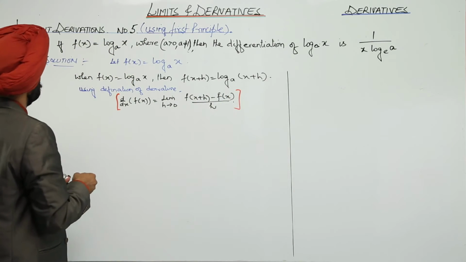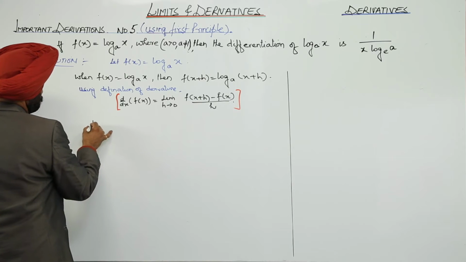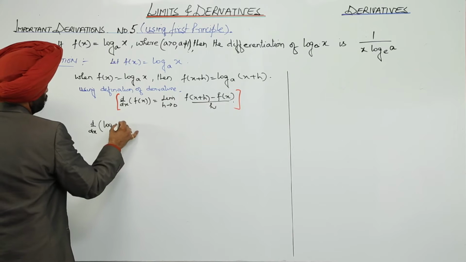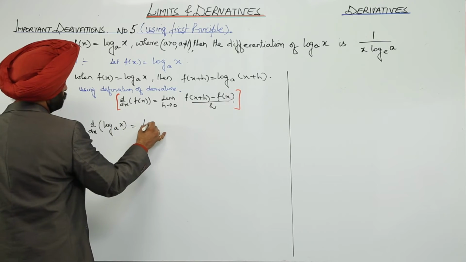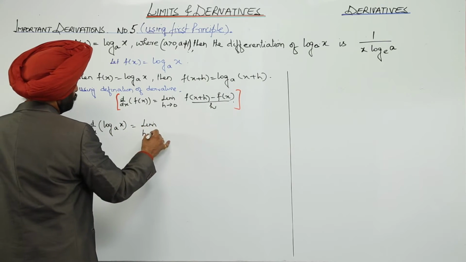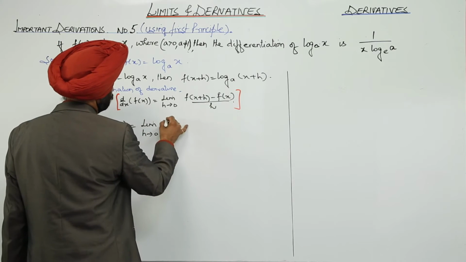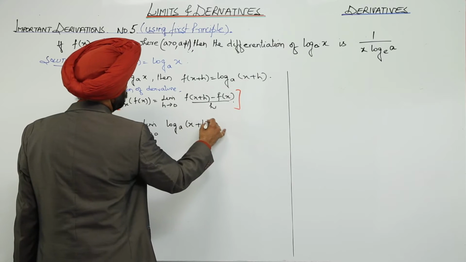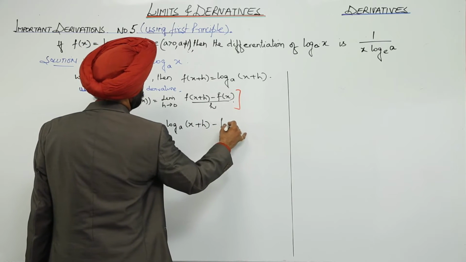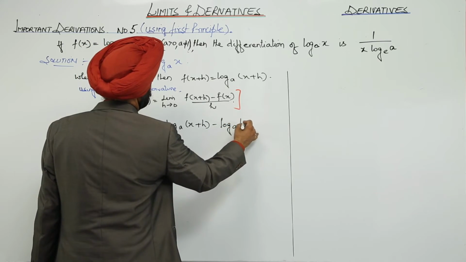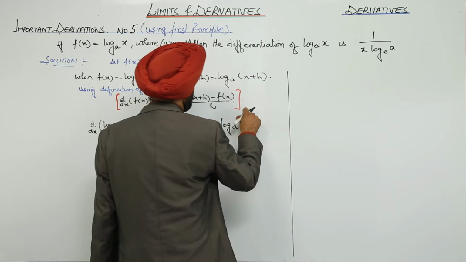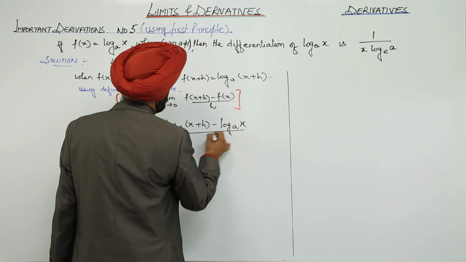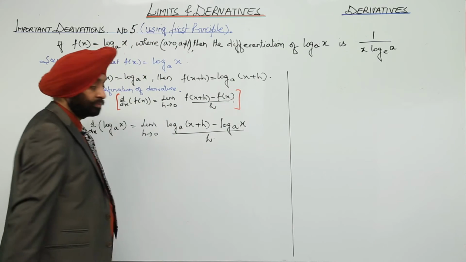Now our question reduces to d by dx of log a x is equal to limit h approaches to 0, log a (x plus h) minus log a x upon h, okay.